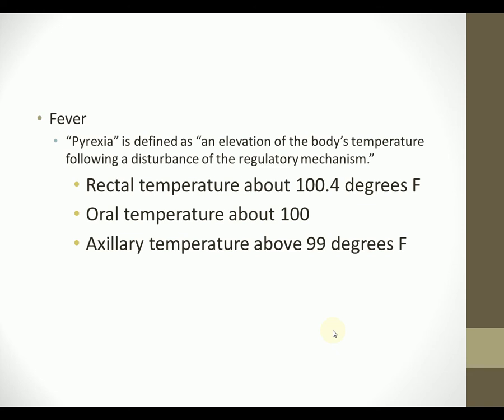Now, they are saying simply write down the route that you took the temperature. So if you took it in the axillary and you've got 100, you do not add a degree. You simply would write 100 degrees Fahrenheit AX, or in the axilla area. Same thing with rectal. We do not subtract a degree from rectal. Okay.